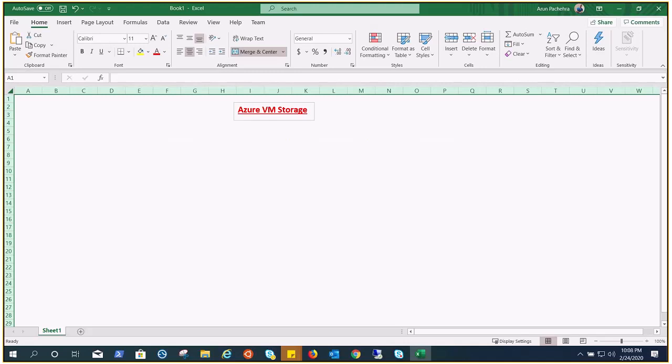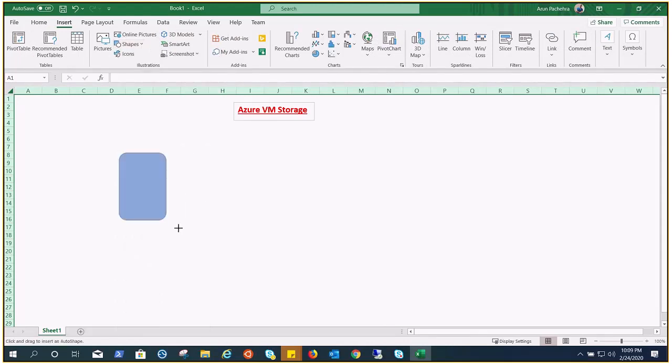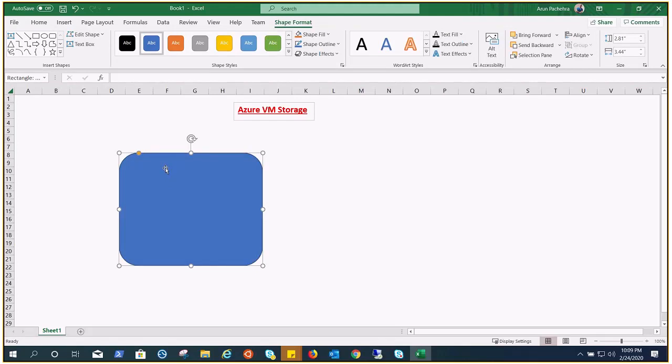Azure VM uses disk to store the operating system, apps, and data. Let's try to understand with the structure. Let's suppose this is Azure VM.